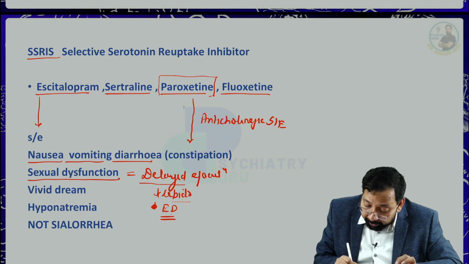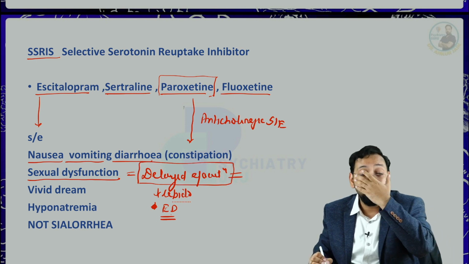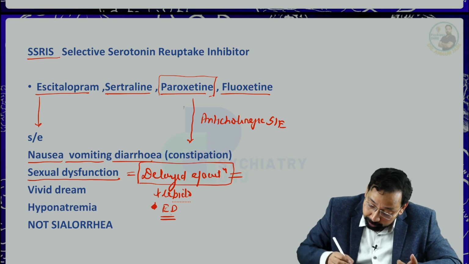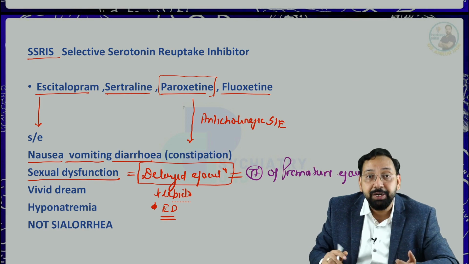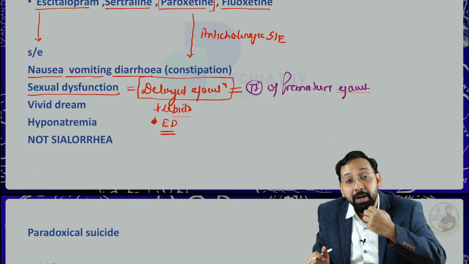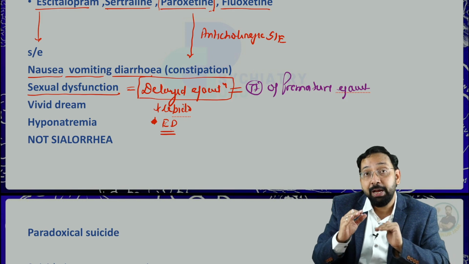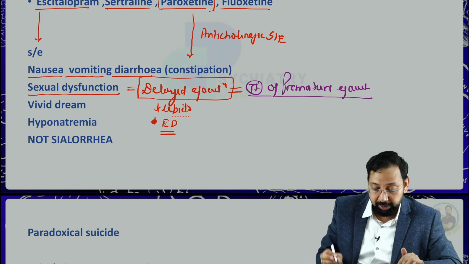Although the most common and important side effect is delayed ejaculation, and we use this property of SSRI, or side effect of SSRI, in the treatment of premature ejaculation. If a patient is having premature ejaculation, I will give an SSRI, paroxetine, and you will find that ejaculation time can be increased up to 8 times. So this is the treatment of premature ejaculation.